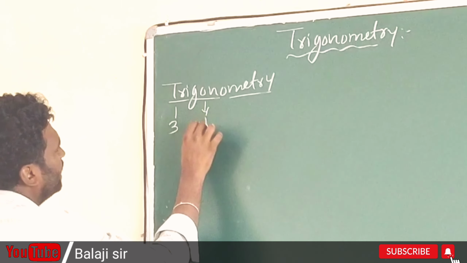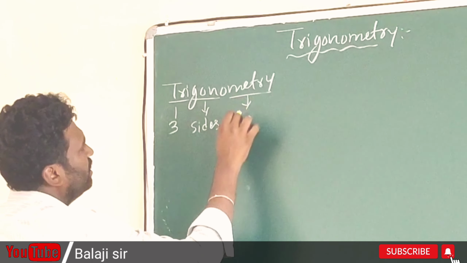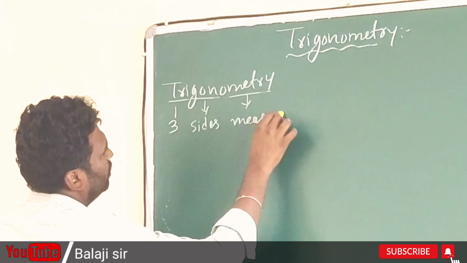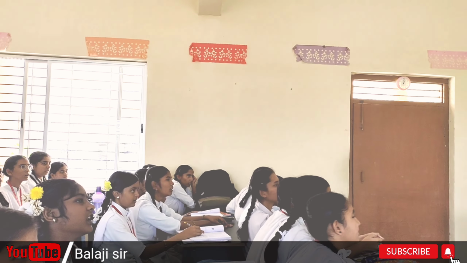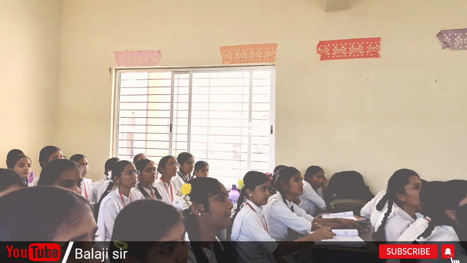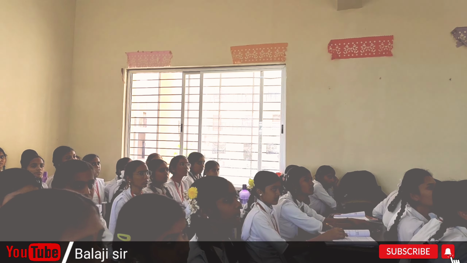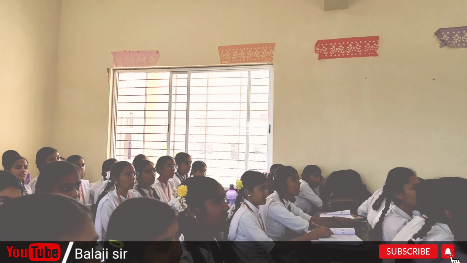Gono means size. And metry means measurement. So trigonometry is basically a Greek word. Now we come to know what trigonometry is: trigonometry is nothing but a 3 sides measurement.